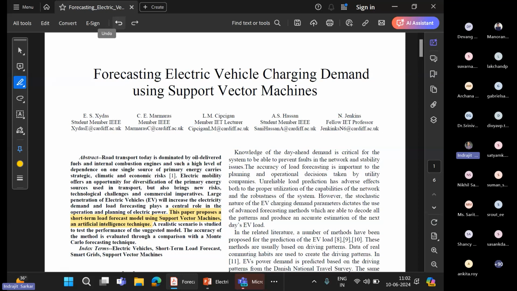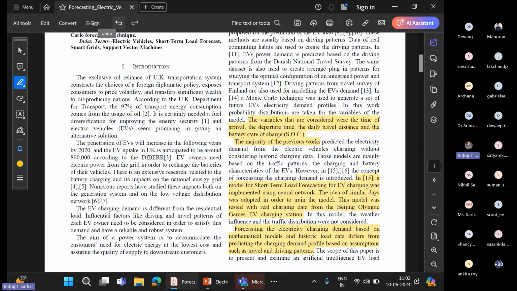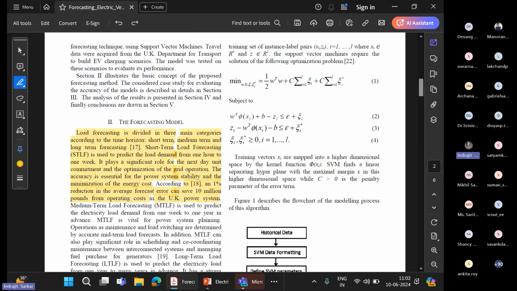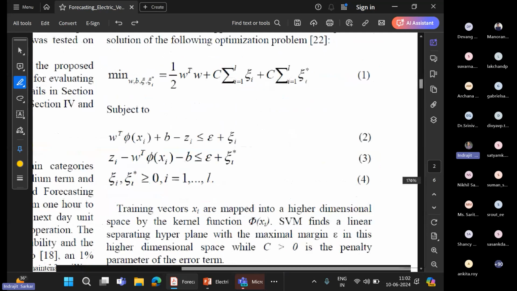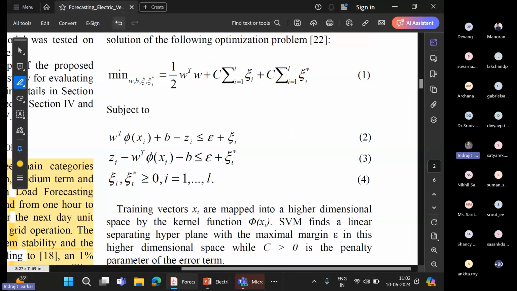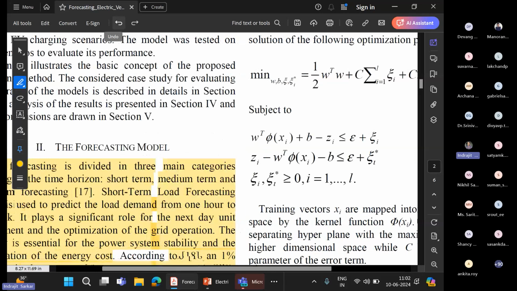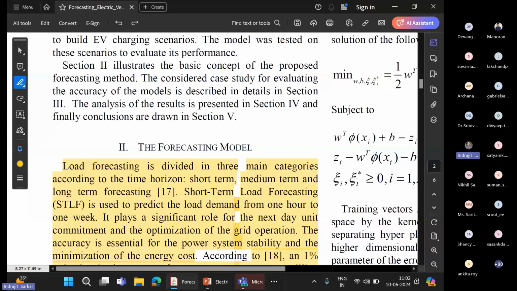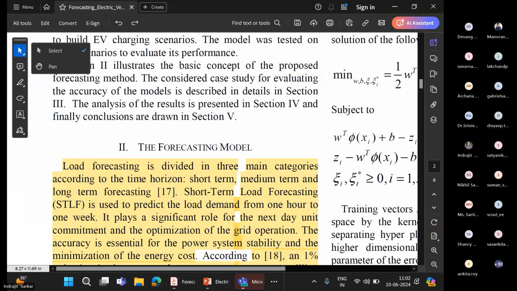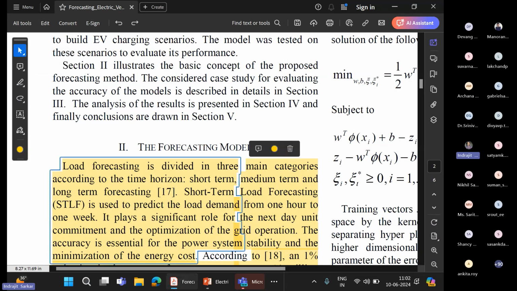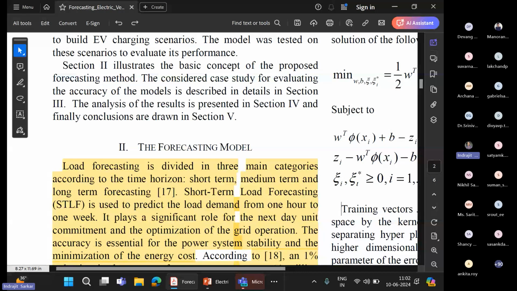Short-term load forecasting is used to predict the load demand from 1 hour to 1 week.